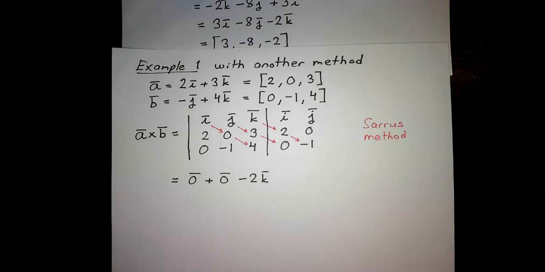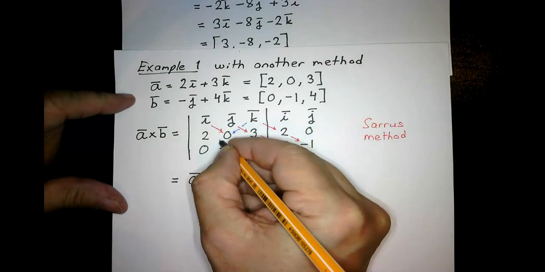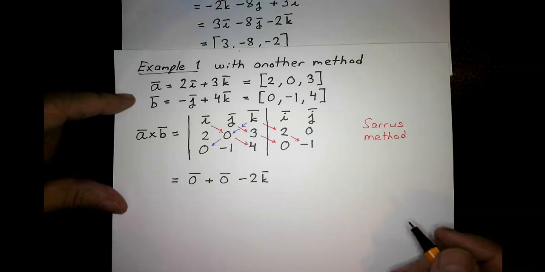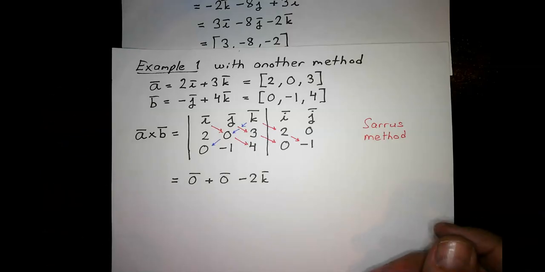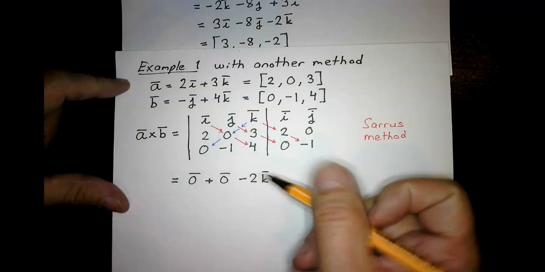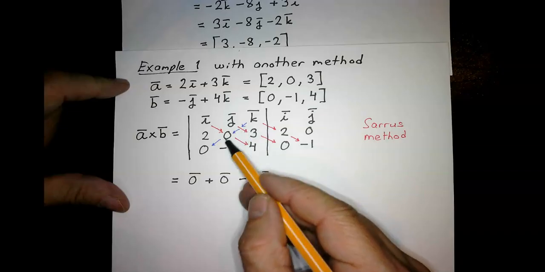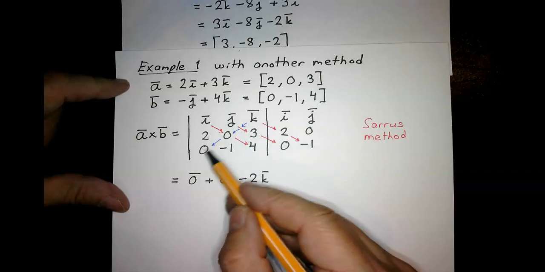Then I will take another direction, which is the negative direction. So I will use blue here. I don't know how well you can see the color, but this is blue. And this is the negative direction, and as we see here, we have 2 zeros.